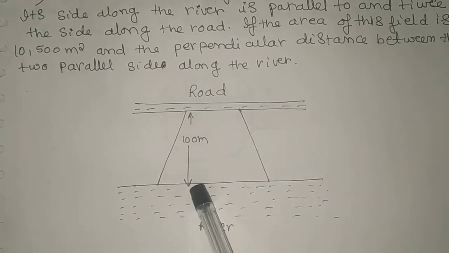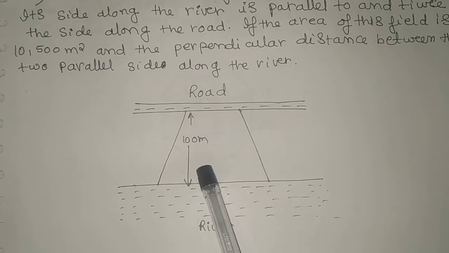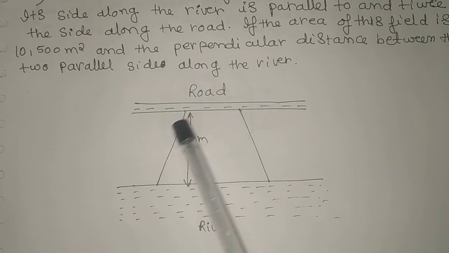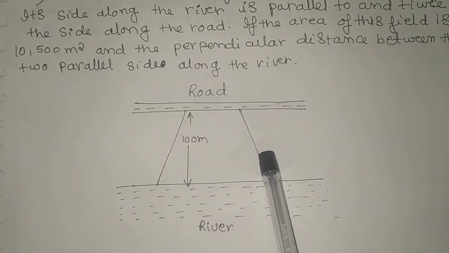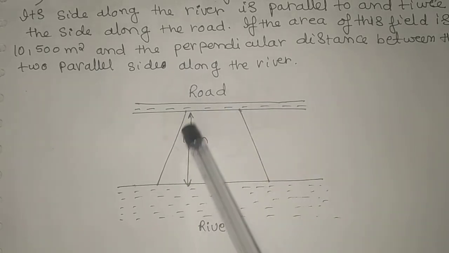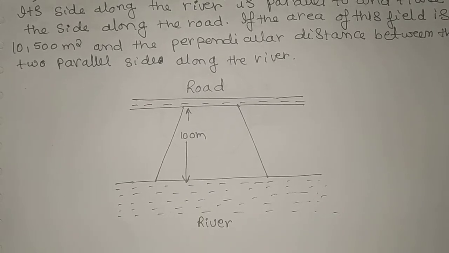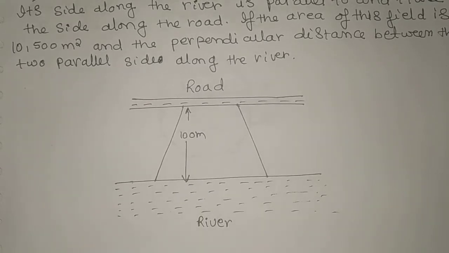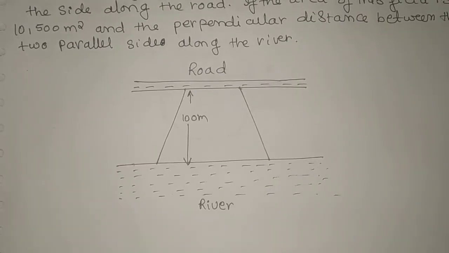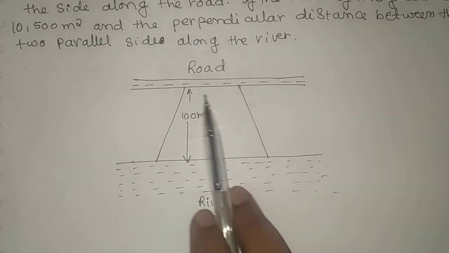parallel sides, the two parallel sides along the river and the road, so here the height is given as 100 meters. So we'll start the solution. Here Mohan wants to buy this field.